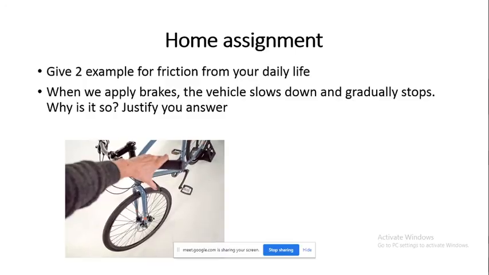Sunila Sakula, were you there in the last class? Sunila? No, ma'am, she is not there from the last class. She has joined now. Okay, so Sunila, let me tell you what we were discussing in the last class. We were discussing about friction. So friction is a force which opposes motion between any two surfaces which are in contact. Okay, and it depends on two things.